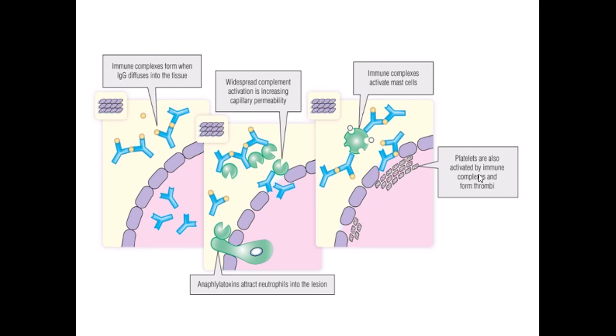Platelets are also activated by the immune complexes, and they form thrombi. So mast cell activation, immune complexes, inflammatory reactions, all of those are sequelae of the immune complex type of disease.